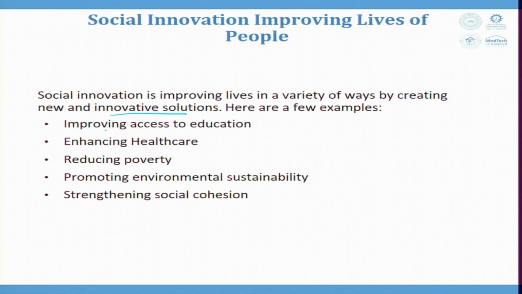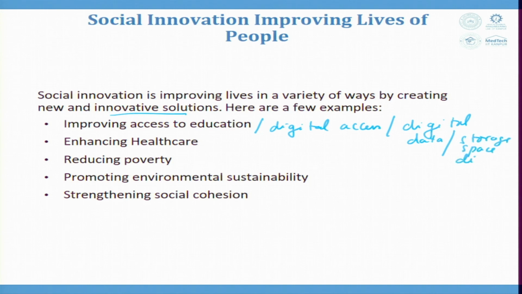There can be improving access to education, giving digital access or giving digital data for the betterment, or trying to give them a storage space digitally to keep all their details. Then enhancing their health care.